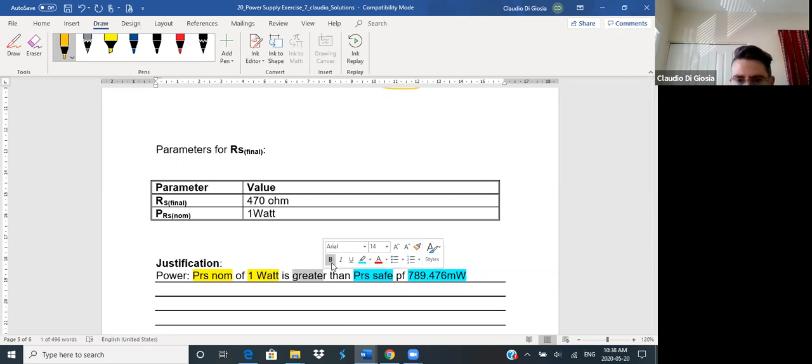Okay. This is the comparison. The comparison always has to be true. So that's for power, and now for not wattage, but power is wattage. We're looking at resistor value.